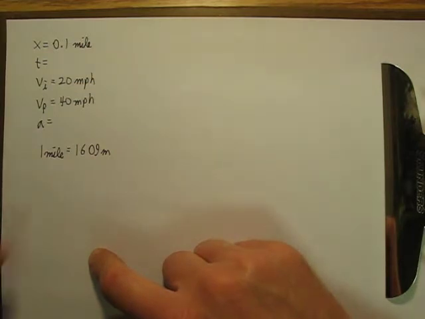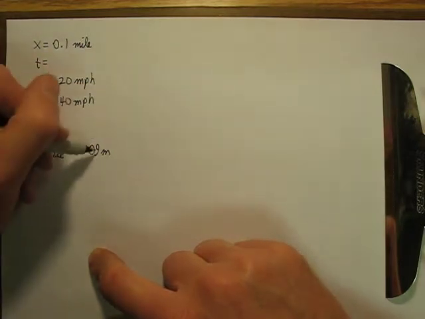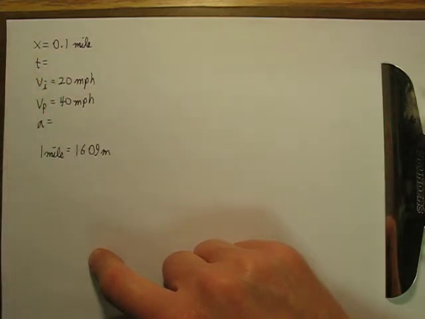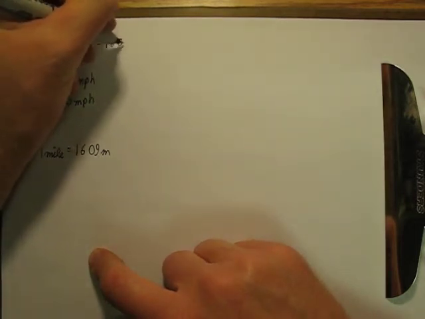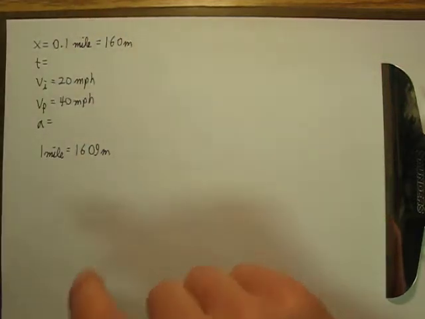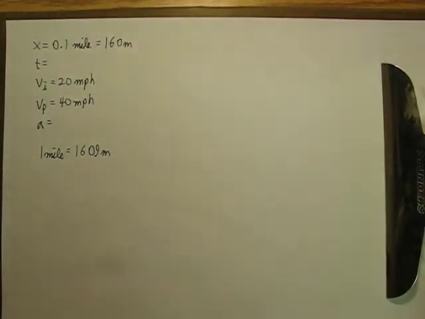So I'm going to say that 1/10 of a mile is 160 meters. So I went 160 meters. That's the important number. I don't care how many miles I went.